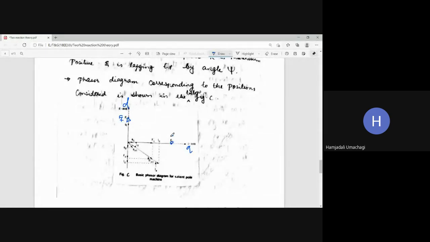So EF is along quadrature axis, and along direct axis we have FF. First we are showing the field MMF quantities: field MMF, FF, along direct axis, and EF which is produced because of FF lags it by an angle of 90 degrees, and this EF lies exactly along the Q axis. Is it clear?